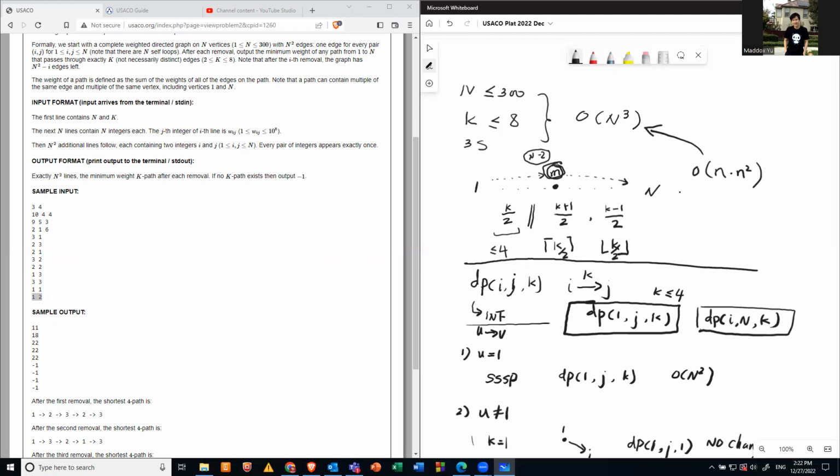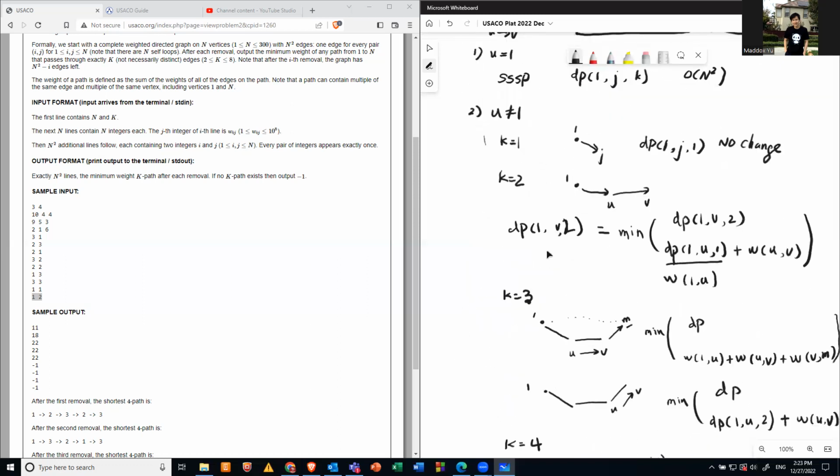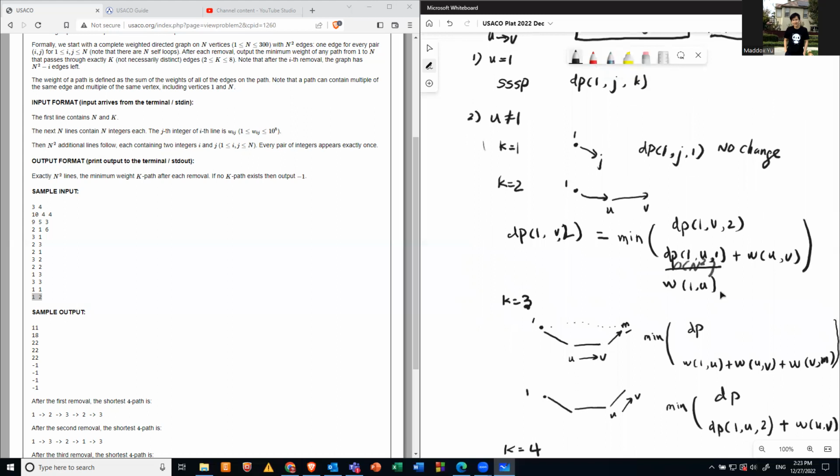This is the solution. So what did we use? We used SSSP, a slightly modified SSSP just to find the shortest distance. We used DP. Then we basically used greedy, if you look at the K equals 3, K equals 4 case, right?